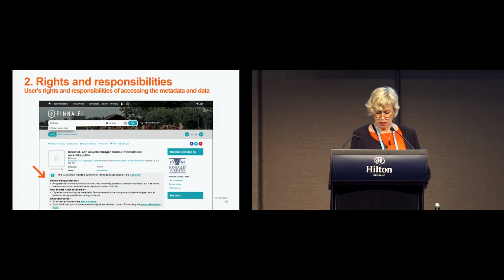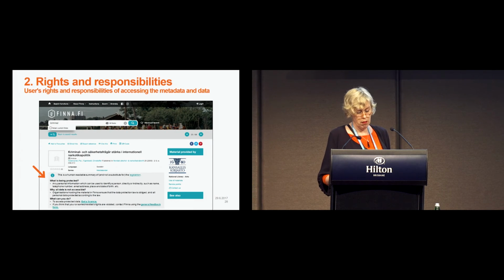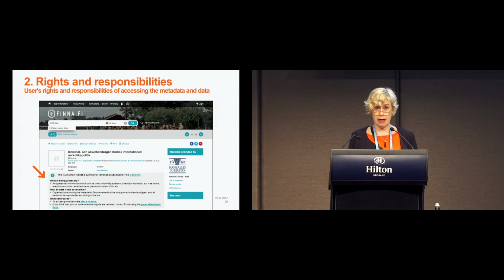Then about rights and responsibilities, we also have to implement into the interface of Finna something that helps users understand their rights and their restrictions in relation to the data protection laws. And this should be as easy as possible.